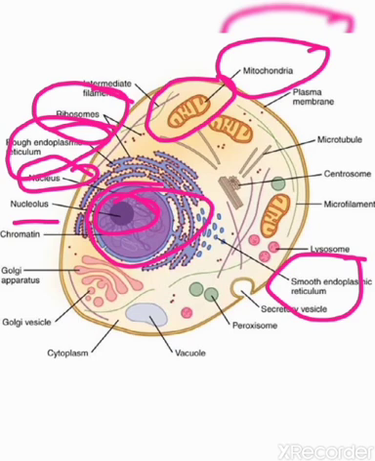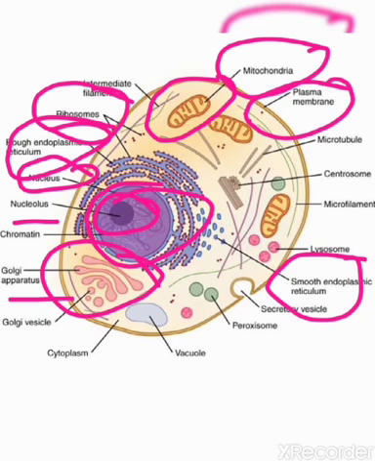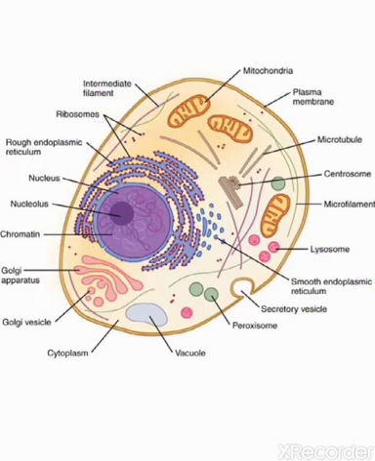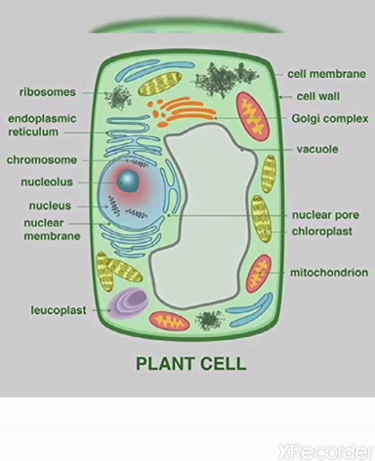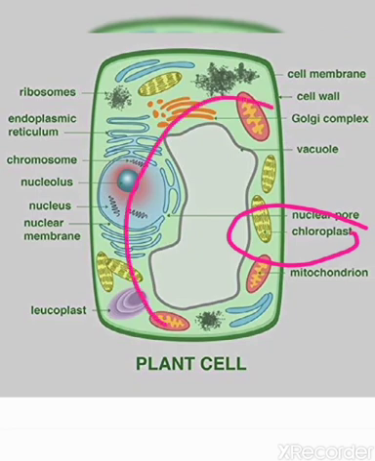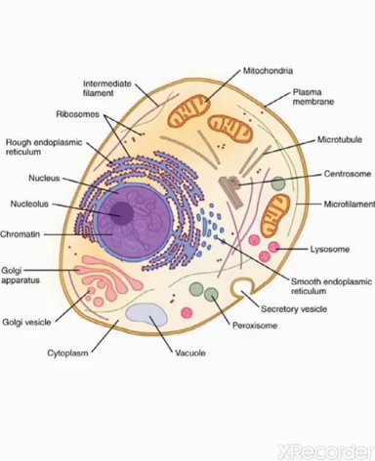Golgi bodies, here you can see the structure of Golgi bodies. Cell membrane, this one. Lysosomes, this structure. Chloroplast, you can see in the plant cell. Vacuoles, this one. So these are the various organelles which are present in the cell.